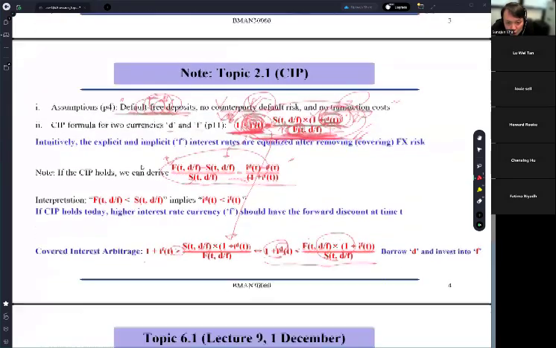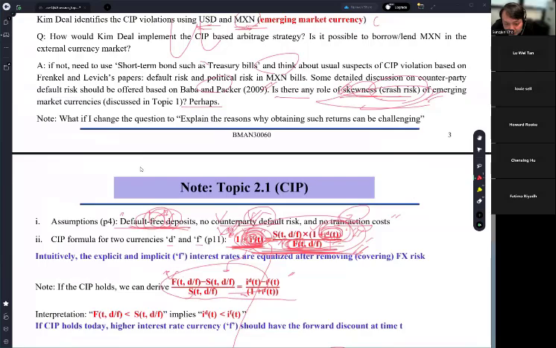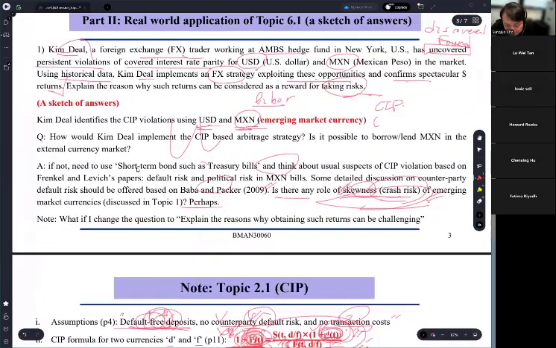Then for those kinds of answers, I gave something like 40. So if you just mention default risk and counterparty default risk, you could get a maximum of 35. But if you write down everything clearly with the equations, etc., you get more than 40.